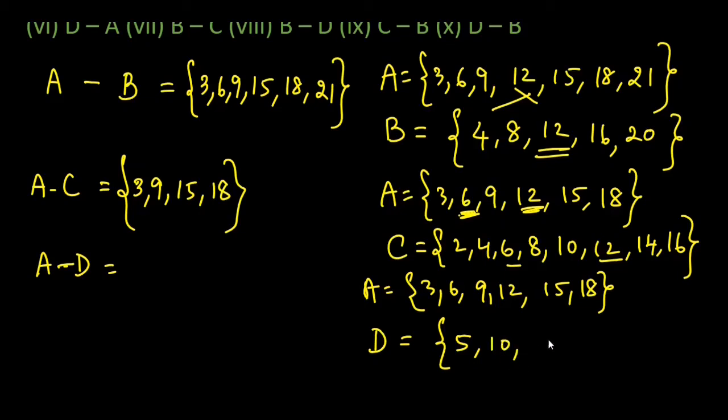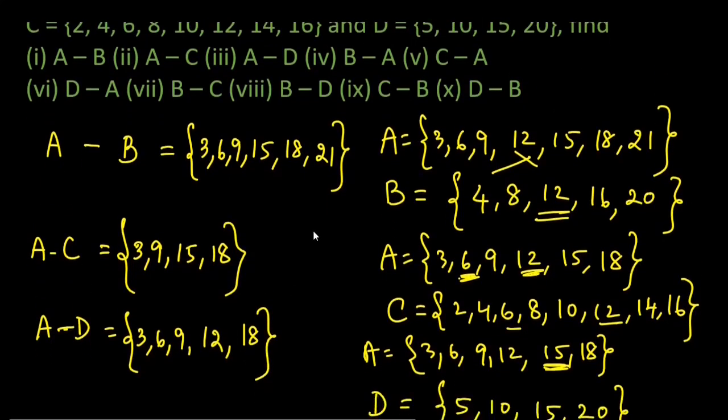Check whether any element in A is also there in D. 3, 6, 9, 12 are not there in D. But 15 is there in D also. 18 is not there in D. So in A minus D we should not write 15. All other elements in A can be written: 3, 6, 9, 12, 18.